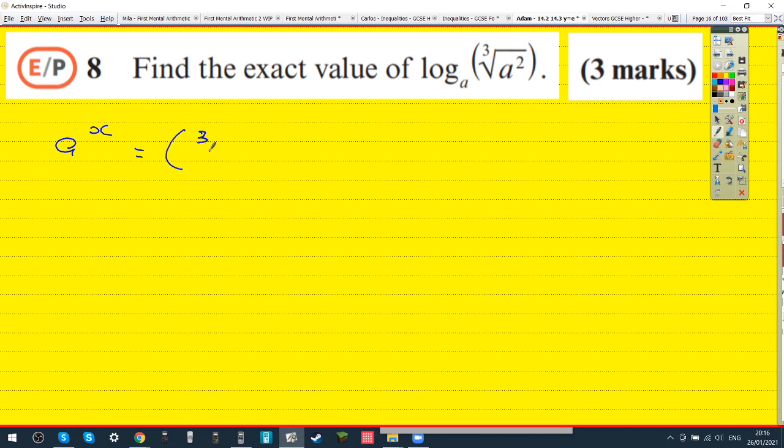Yep. And then does that simplify down to just a? Write it in index form. Oh yeah, okay.